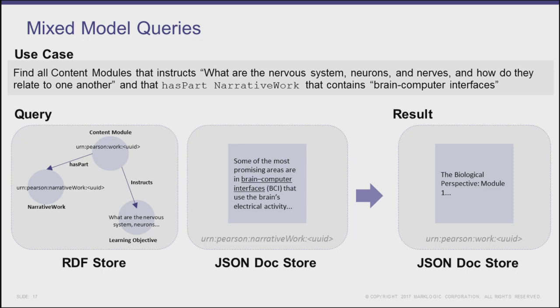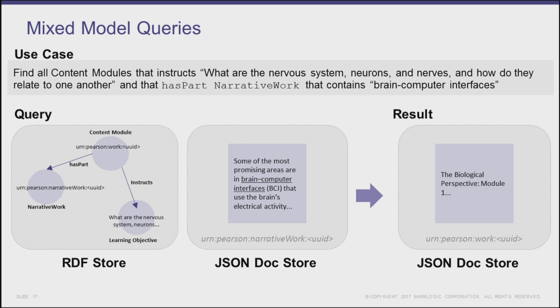We're looking in the RDF store to try and find relationships between entities. We're looking in a document store to do a full text search over documents, looking for the string brain-computer interfaces. And what we can do with MarkLogic is to perform a query across these two data sets with a single join that will find these narrative works.